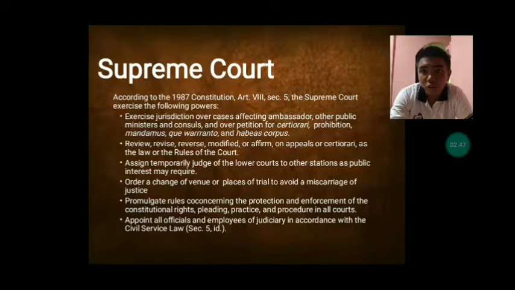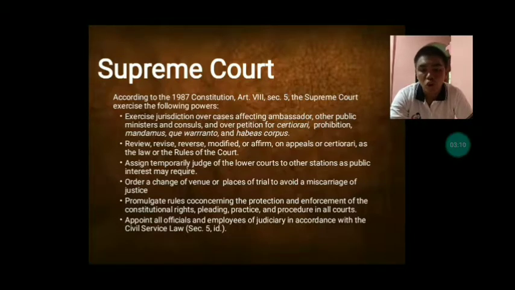Fifth, promulgate rules concerning the protection and enforcement of constitutional rights, pleading, practice, and procedure in all courts, the admission to the practice of law, the integrated bar, and legal assistance to the underprivileged.